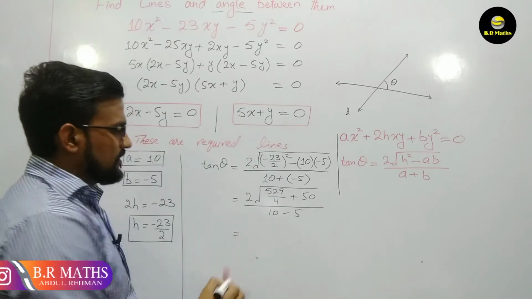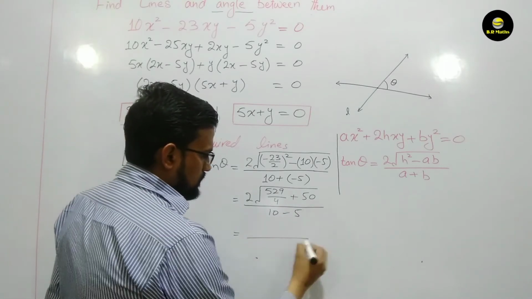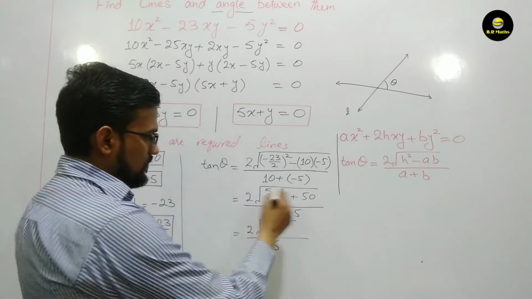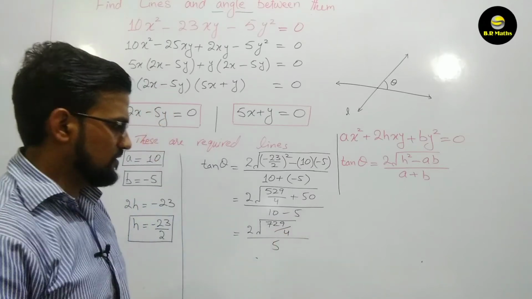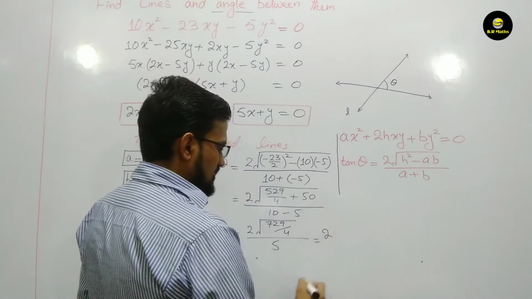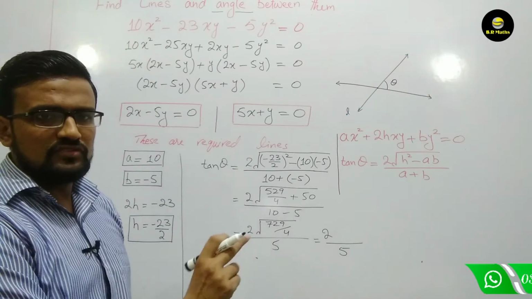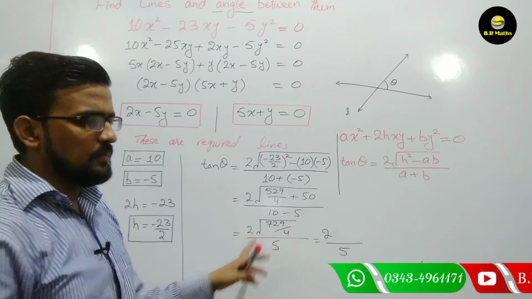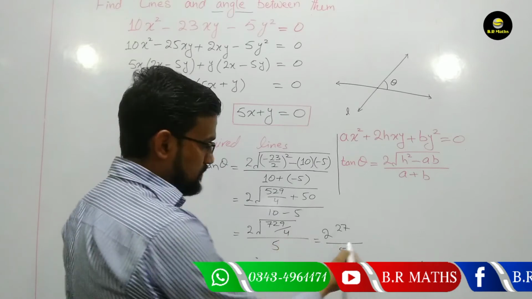Here take the LCM. After taking the LCM, this becomes 2 square root of 729 divided by 4, and then finally it becomes 2 square root 729. Taking the square root of 729, it becomes 27, and the square root of 4 is 2.